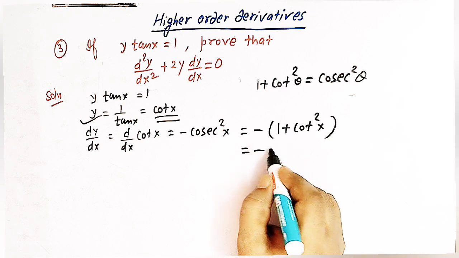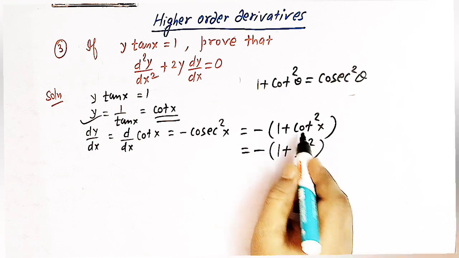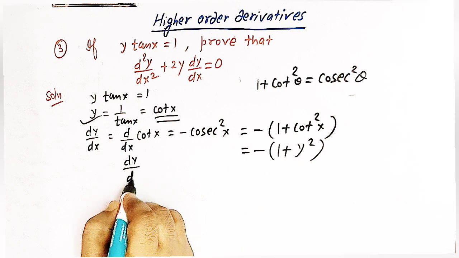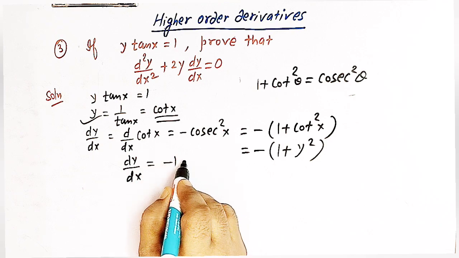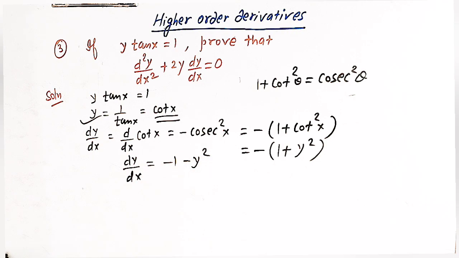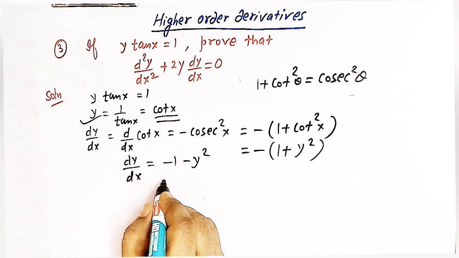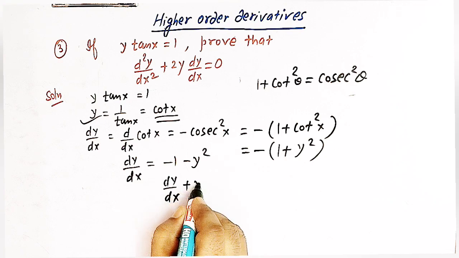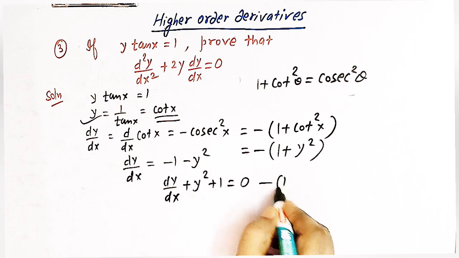So we have minus 1 plus y square, because cot x is equal to y. So we have this result, that is dy over dx is equal to minus 1 minus y square. So taking these two terms to the left hand side, we have dy over dx plus y square plus 1 is equal to 0, right?